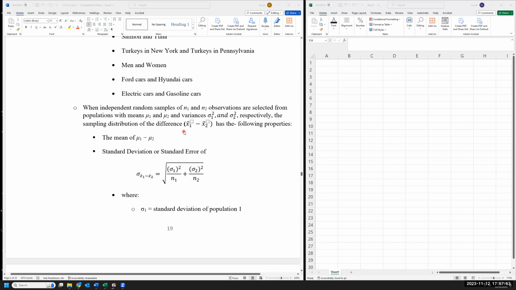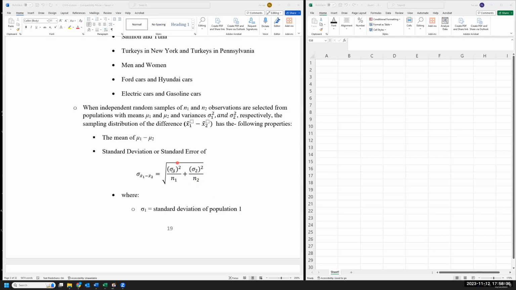If you kept taking samples and calculating the difference in the sample averages, on average, that difference should equal the population parameter difference of mu1 minus mu2. The standard deviation of the sample average differences should equal the square root of population variance sigma 1 squared divided by n1 plus population variance sigma 2 squared divided by n2.